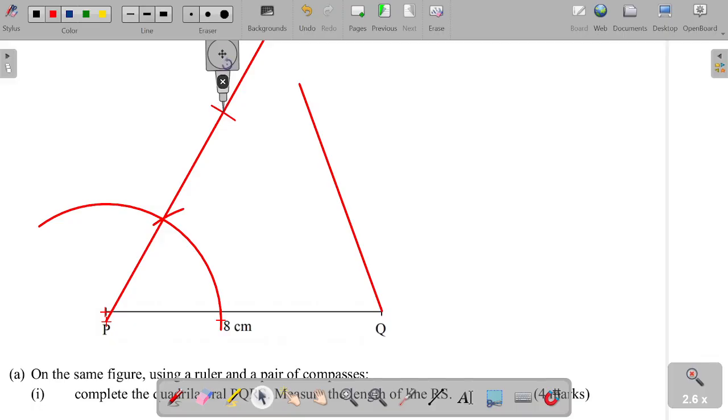I want to drop a perpendicular bisector to line PQ, so I extend. This time I want to use blue ink.